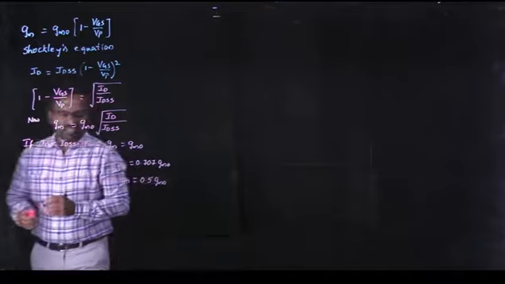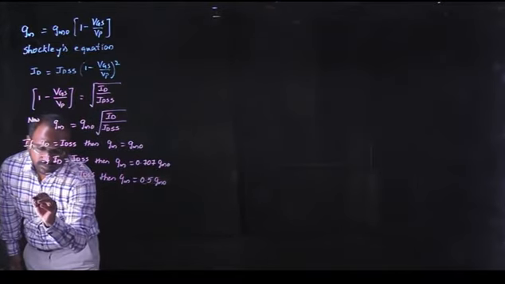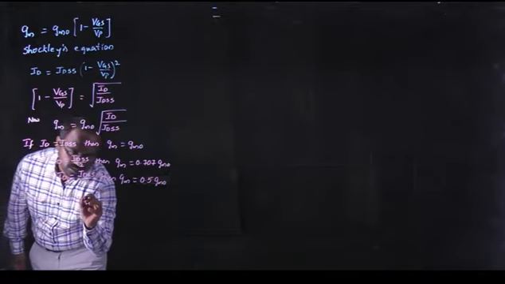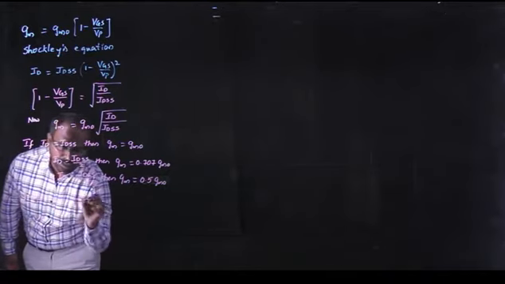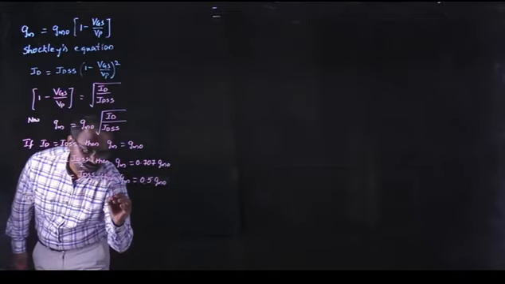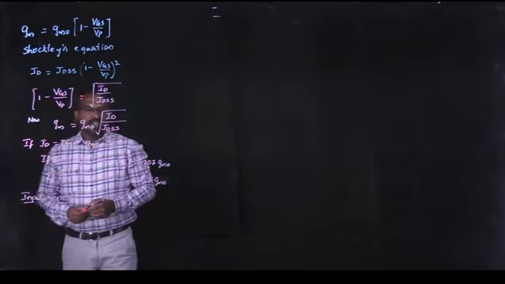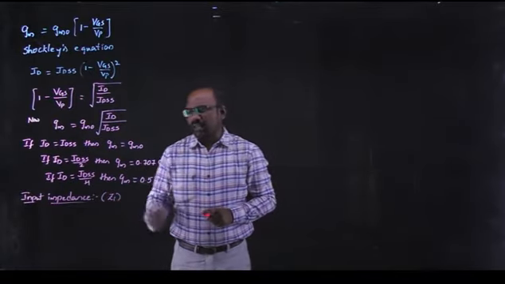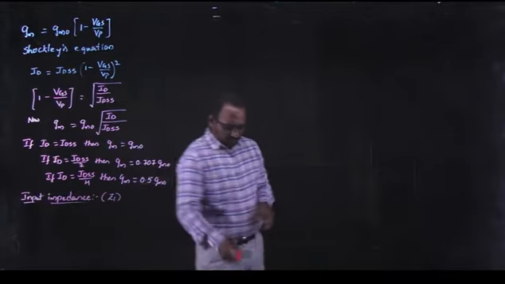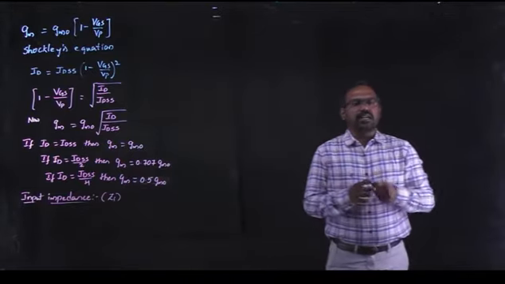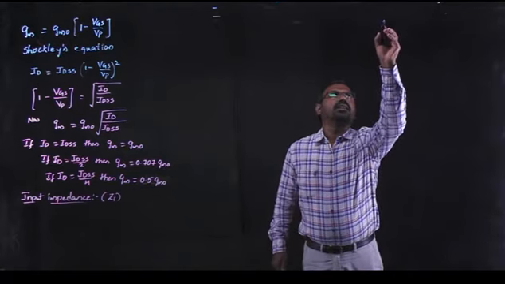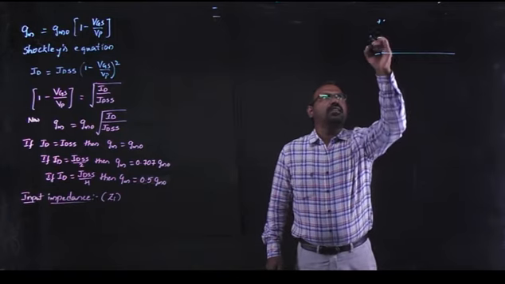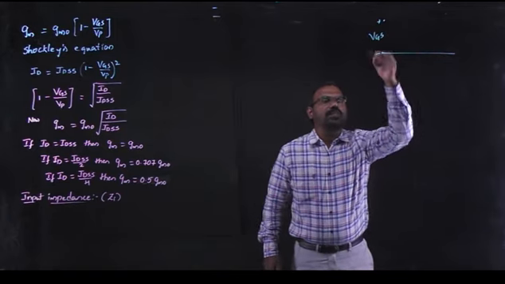And now we are going to calculate the input impedance also. The input impedance, generally we will indicate with Zi. As we have already drawn the circuit for the small signal model, in that model, between gate and source, we are not having any components. It is simply open circuited.